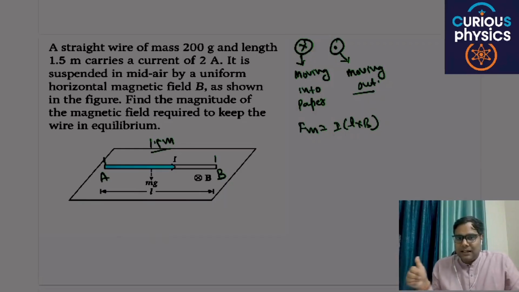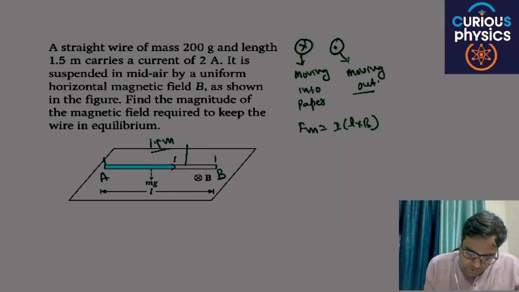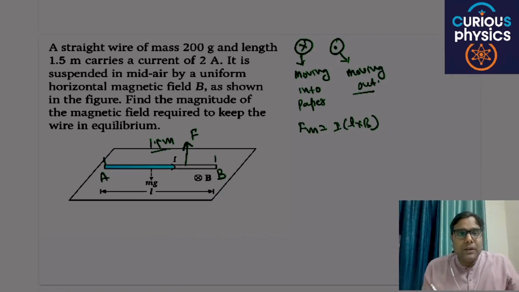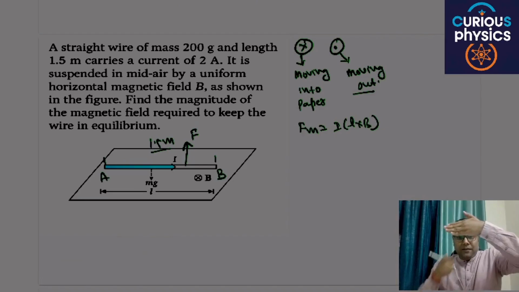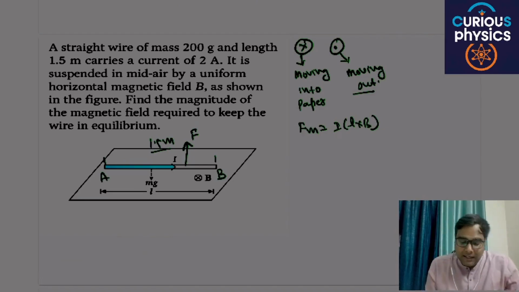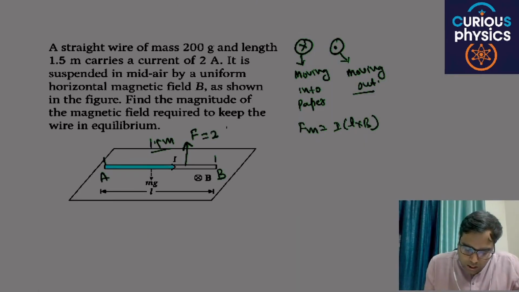Then the direction of the thumb gives the direction of magnetic force, so the magnetic force will be in this direction. The angle between length and field is 90 degree, so the force is I into L into B sin 90, which is 2 into 1.5 into B.